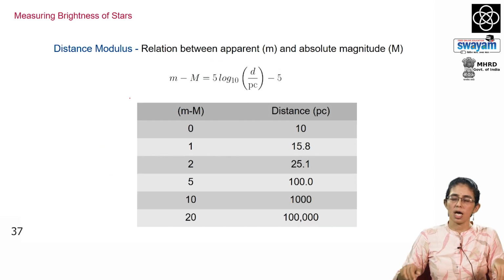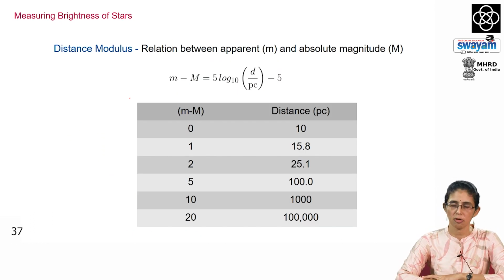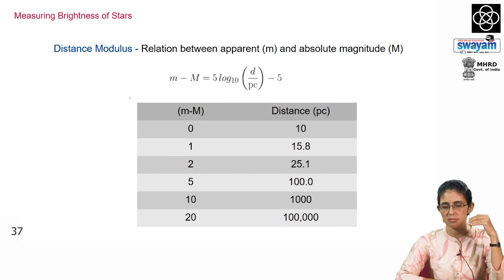Now, if one knows the absolute magnitude and apparent magnitude of a star, then it is possible to calculate the distance of the star. This is because the apparent magnitude is the light that we are receiving on Earth from a star located at distance d, and absolute magnitude corresponds to the light being received at Earth for the star when it is at a distance of 10 parsec.